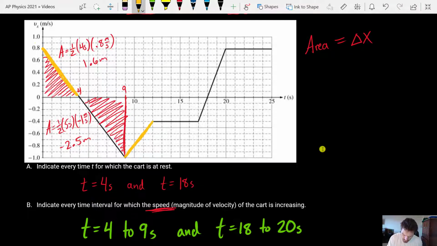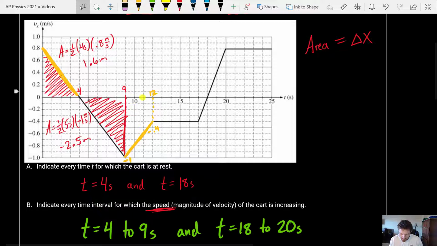Okay. So from 9 to, that's 12 right there. From 9 to 12, it went from negative 1 to negative 0.4. So it went up 0.6 in 1, 2, 3 seconds.